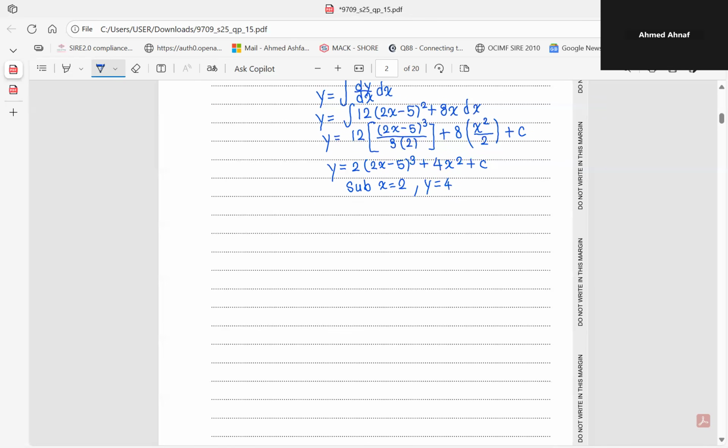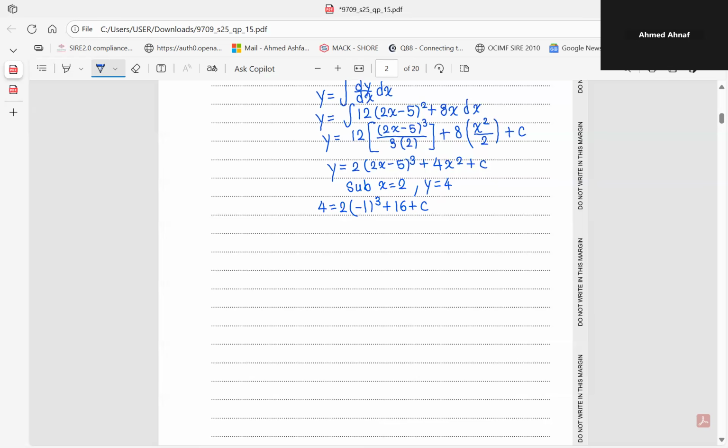Okay, so let's substitute. 4 equals 2 times (2 times 2 minus 5), that is 4 minus 5, which is negative 1, cubed, plus 4x squared, so 4 times 2 squared, that's 4 times 4, that's 16, plus c.